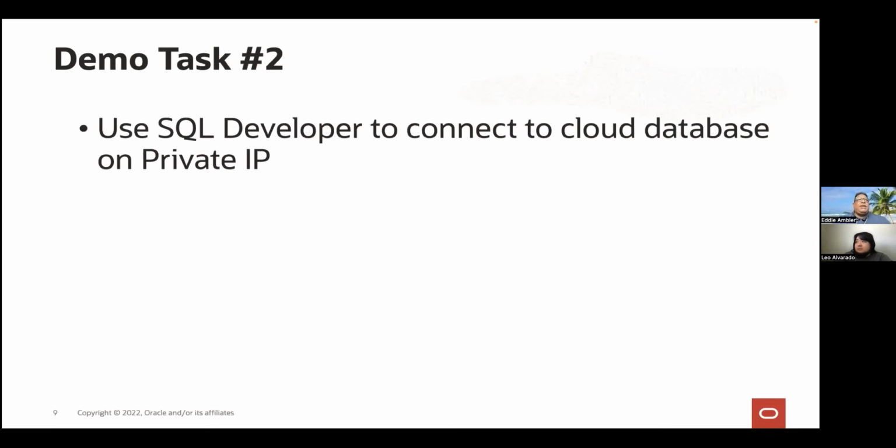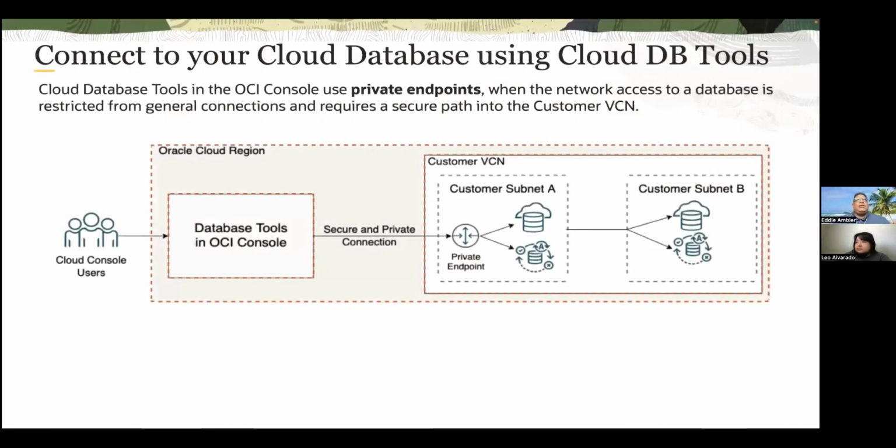Okay, so we did the demo already to actually show you this in real time. So that was done, which brings us to this slide, which is, how do you connect your cloud database using Cloud DB tools, so the native tools? So before, you were connecting from your tools in your data center to the cloud.